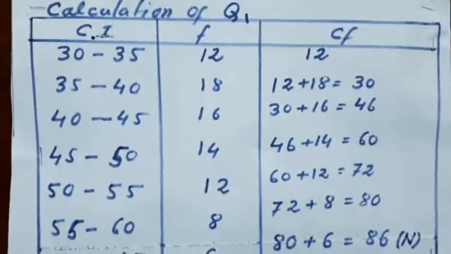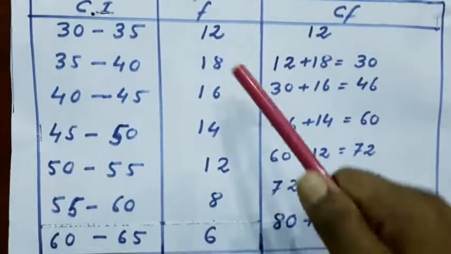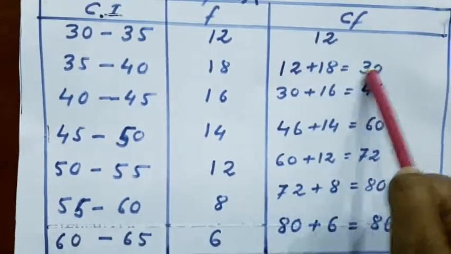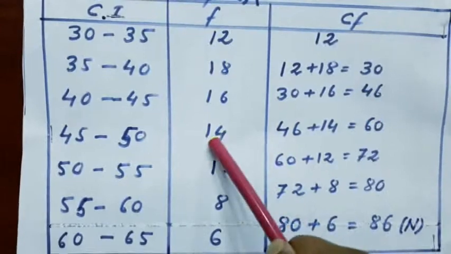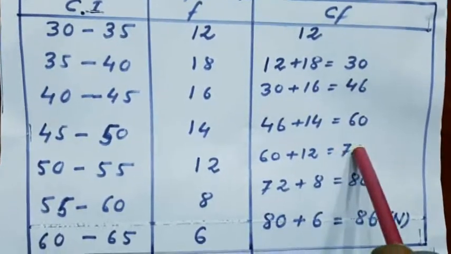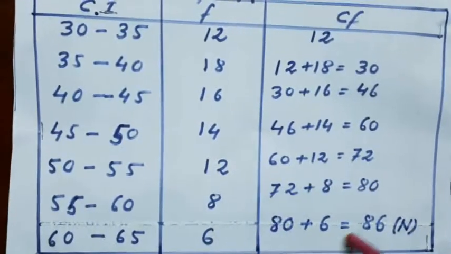Now what we will do, we will find the cumulative frequency. It is 12, 12 plus 18 is 30, 30 plus 16 is 46, 46 plus 14 is 60, 60 plus 12 is 72, 72 plus 8 is 80, and 80 plus 6 equals 86.